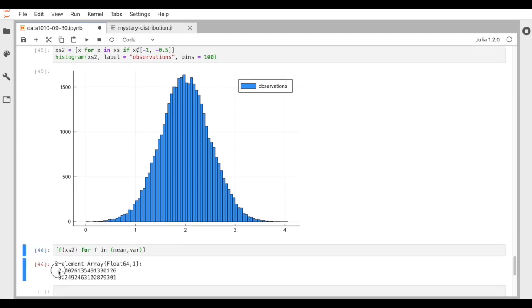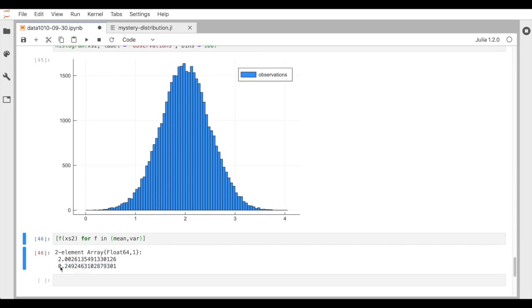We find that the mean is about 2, which makes sense because this distribution is centered at 2, and the variance is about 1/4. That's less obvious from the picture, but it's plausible. It means that the standard deviation is the square root of 1/4, which is 1/2. And if we move left and right 2 standard deviations, which would be 1 unit, we would get to 1 on the left and 3 on the right, and that does look like it captures about 95% of the probability mass, which is a property of the normal distribution.